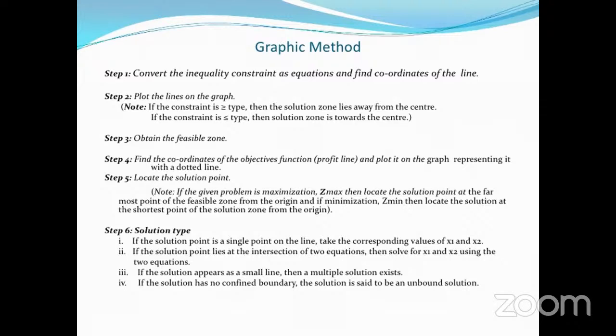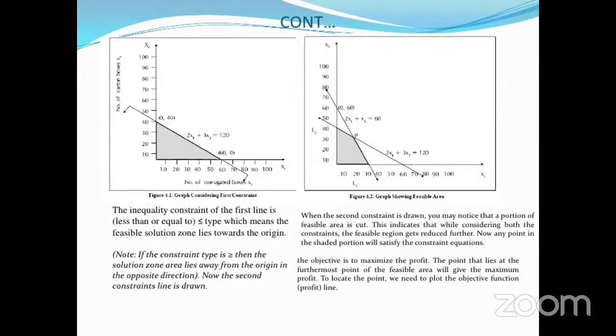So to find that out, we must have an example problem so that you can understand it easily. See the equations. The inequality constraint of the first line is a less than or equals to type, which means the feasible solution zone lies towards the origin.